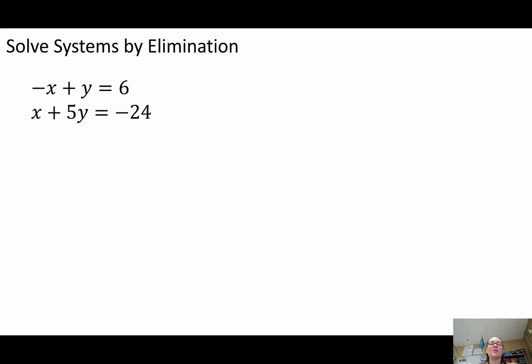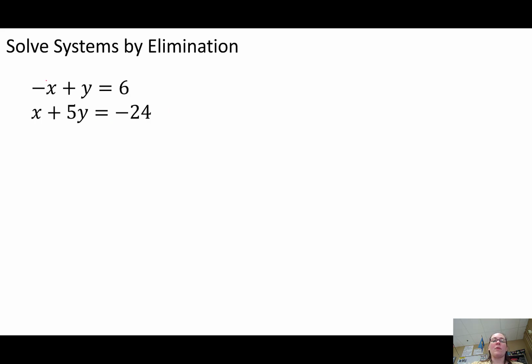All right, so looking at my first equation here, I want to look for the variable that has the same coefficient, so the same number in front. Looking at this first example, I've got negative x plus y equals 6 and x plus 5y equals negative 24.